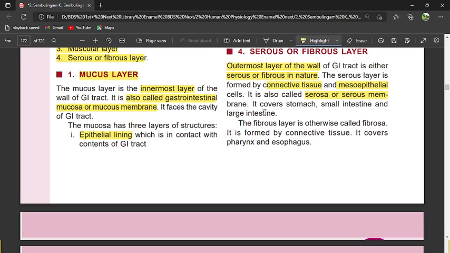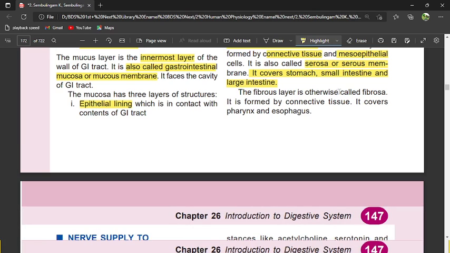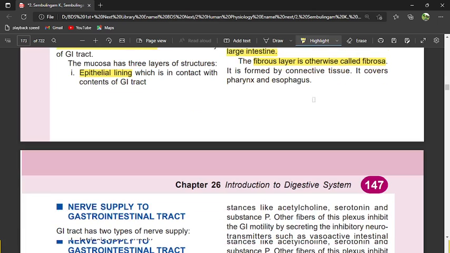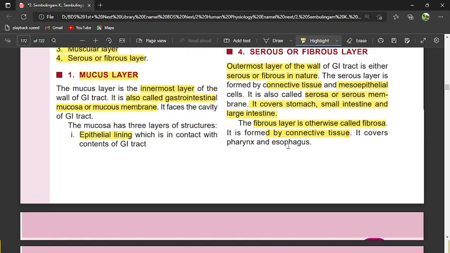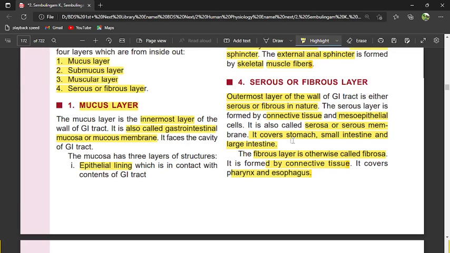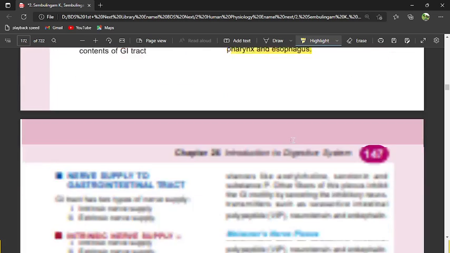That is very important. It covers your stomach, small intestine, large intestine. The fibrous layer is otherwise called fibrosa, because it is also formed by connective tissue. Serous layer is present in your stomach, small intestine, large intestine. When it comes to your pharynx and esophagus, you will see the fibrous layer, but it is outermost.